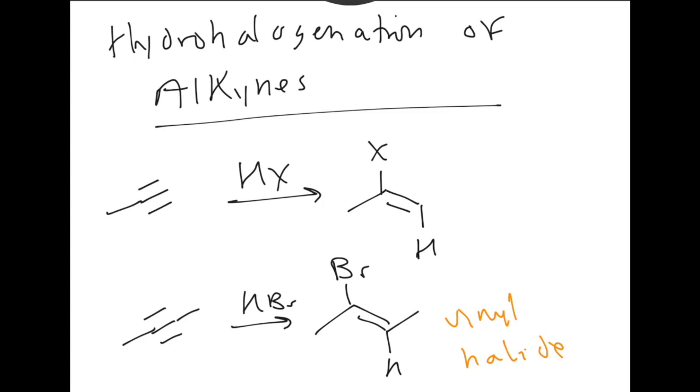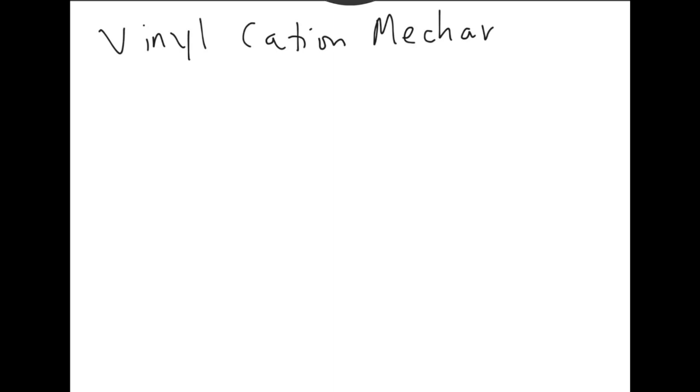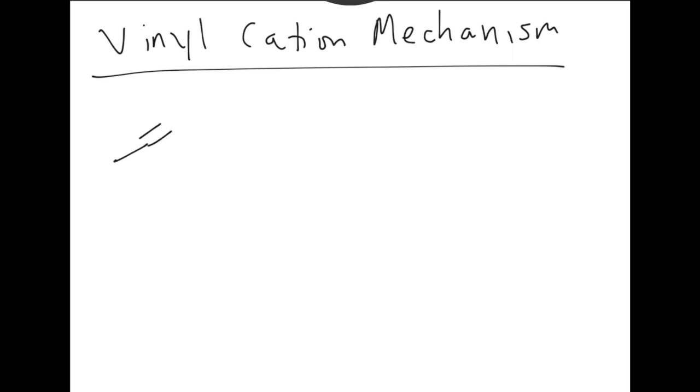There are two possible mechanisms to explain how this works. We're going to go over both of them, talk about some pros and cons. Right? So the first mechanism is almost the exact mechanism that we have for alkenes. And that is a vinyl cation mechanism. So you have your alkyne, treat it with HBr. Right?